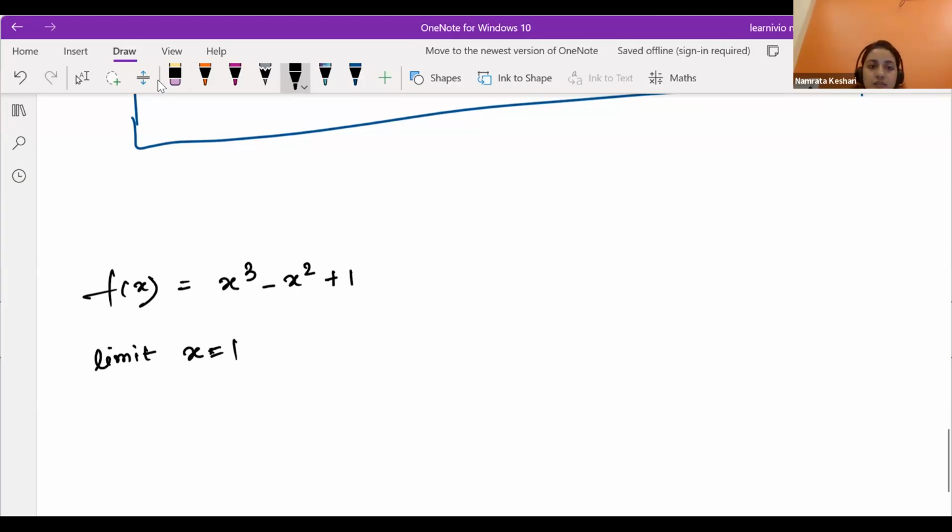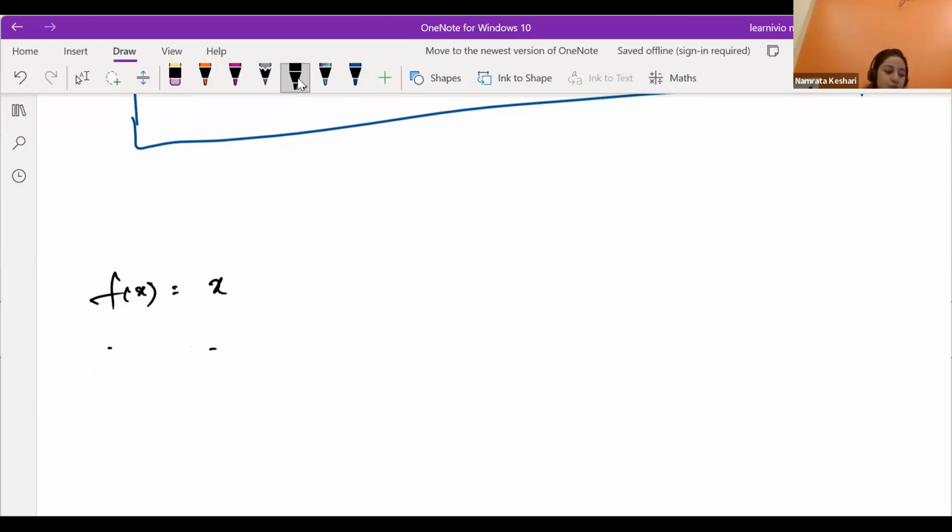We also write the same thing directly as limit of f of x. You can write it like this.